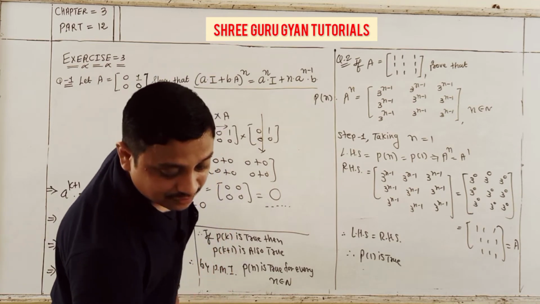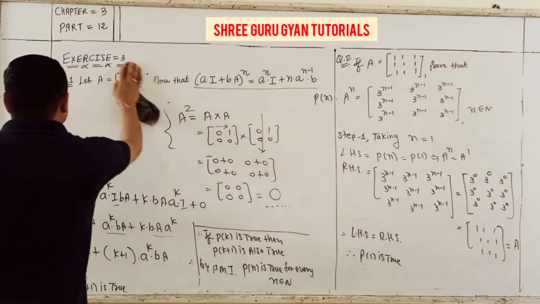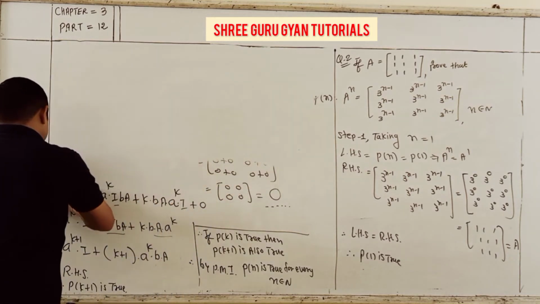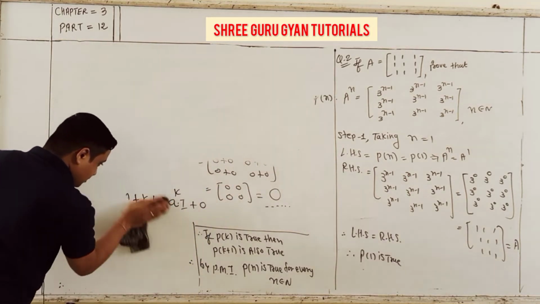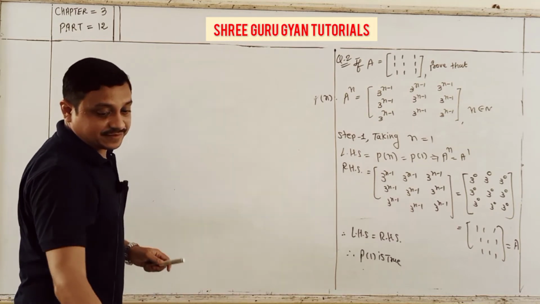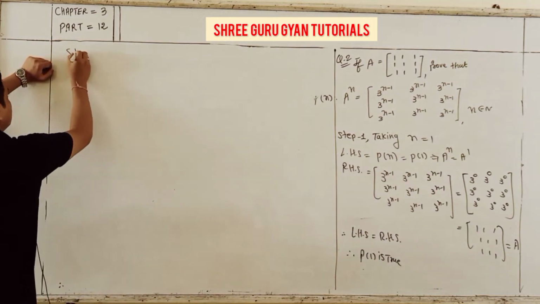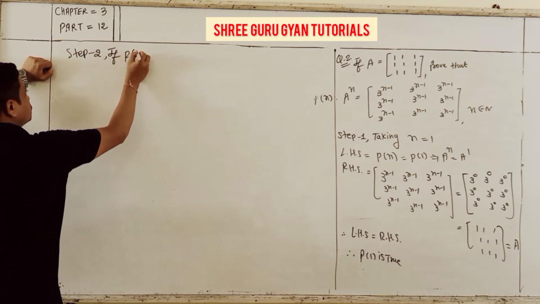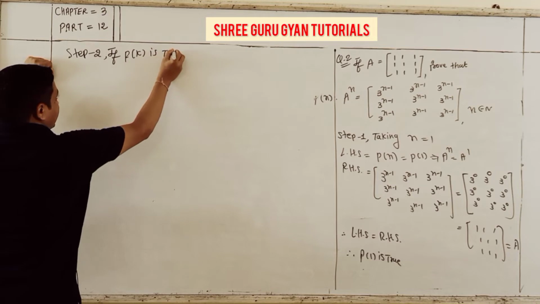Now continue going to step 2, and that is covered by our P k related. Yes, in step 2, if P k is true, very easy.